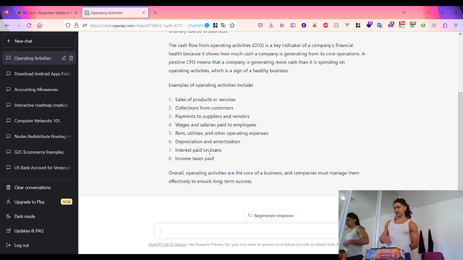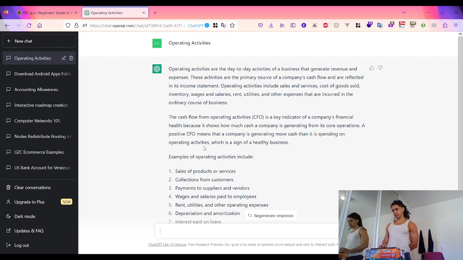Okay, but again, this is a combination between the income statement and the balance sheet. The TLDR: operating activities are the day-to-day activities of a business that generate revenue and expenses. Period.